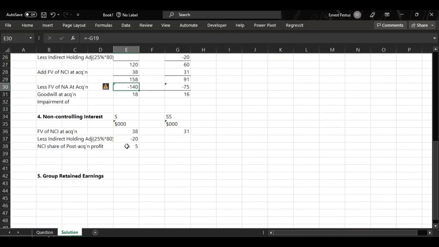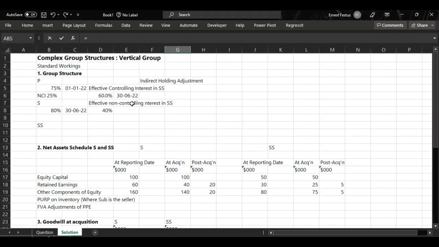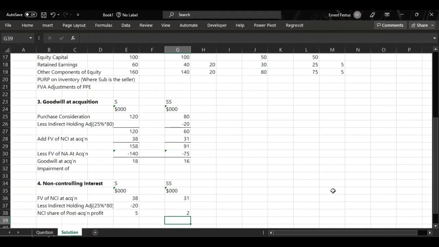Okay, so that is it for S, and then for SS, it is going to be the 40%, which is the effective non-controlling interest, multiplied by our post-acquisition profit, which is 5. So we have 2 there.